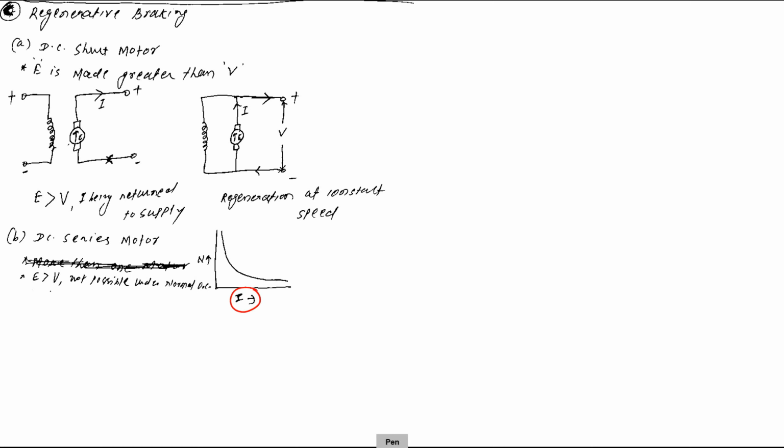We see that as current increases, speed decreases. E is made greater than V. This is easy, not very difficult. So we converted this to this.